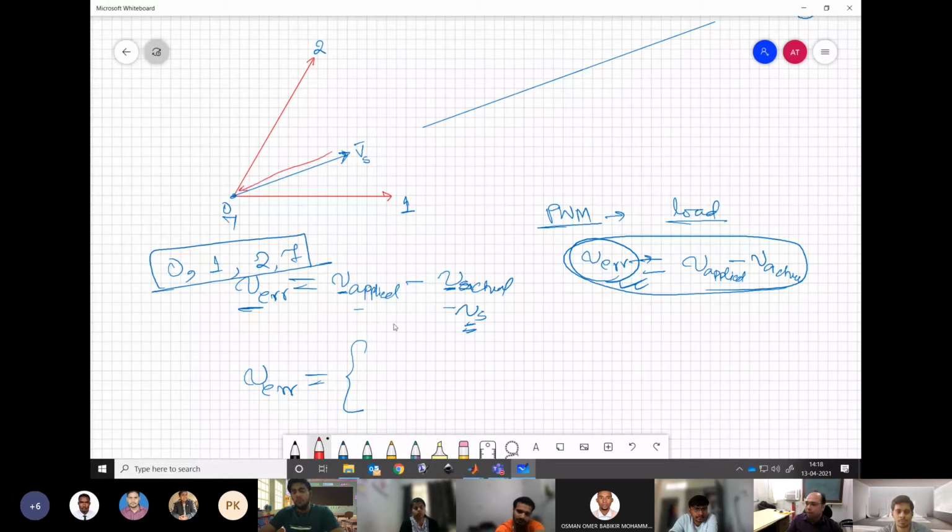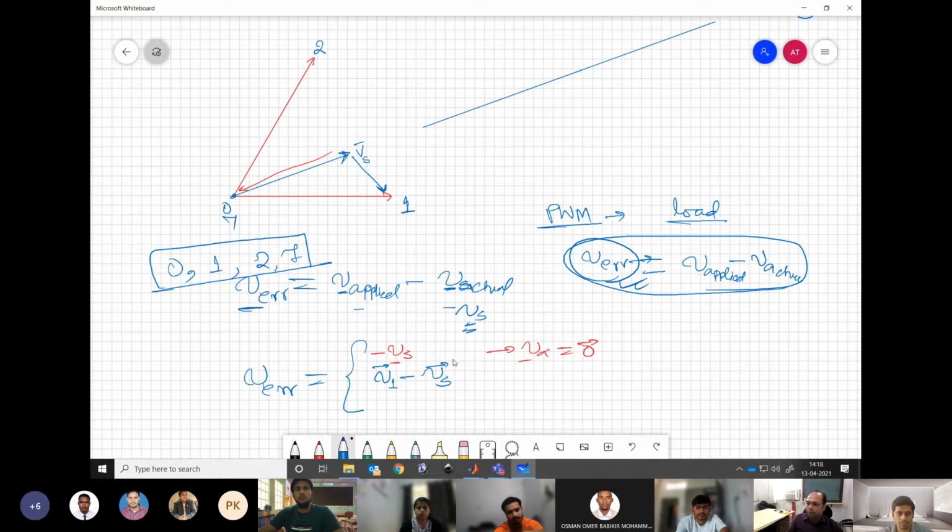That is the error which we are causing in the system. When we are applying 1, the error will be V1 vector minus Vs vector, which means this.